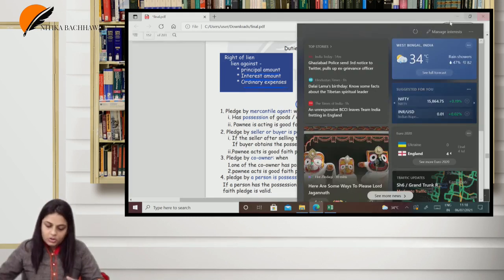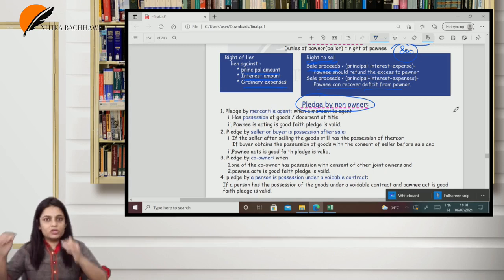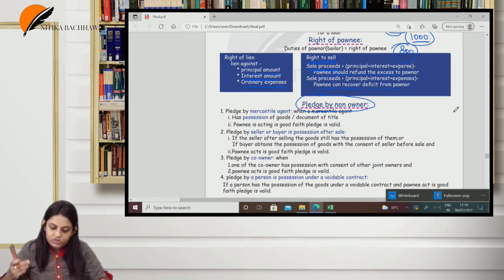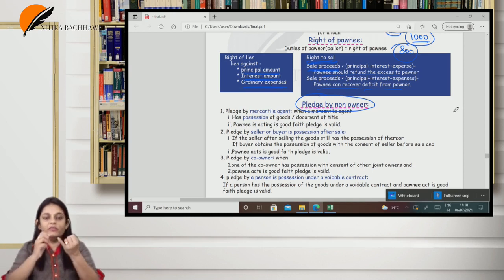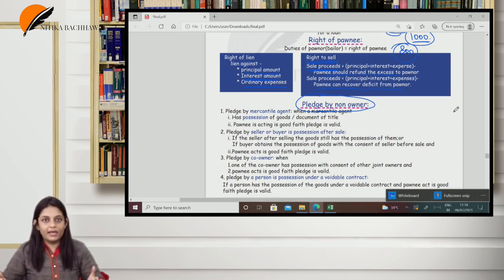The first one is sale by a mercantile agent. So, who is a mercantile agent? He is a middleman, and in fact, one of the rights of a mercantile agent is that he can pledge the goods. Obviously, a few conditions have to be fulfilled. He is acting in the ordinary course of business, that is, he is not a mercantile agent for this single contract, but he does the work of a mercantile agent.